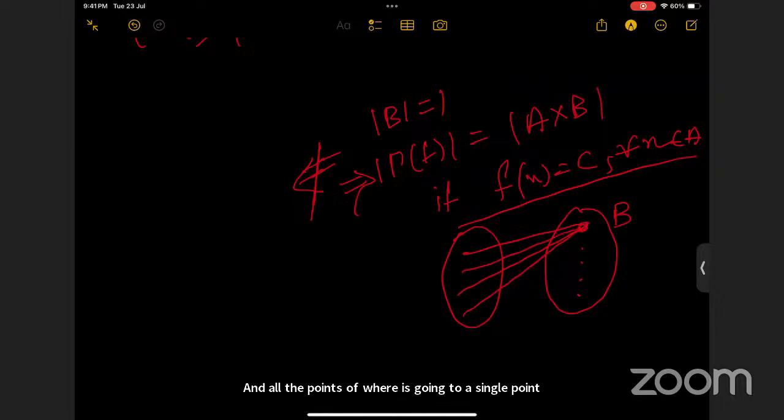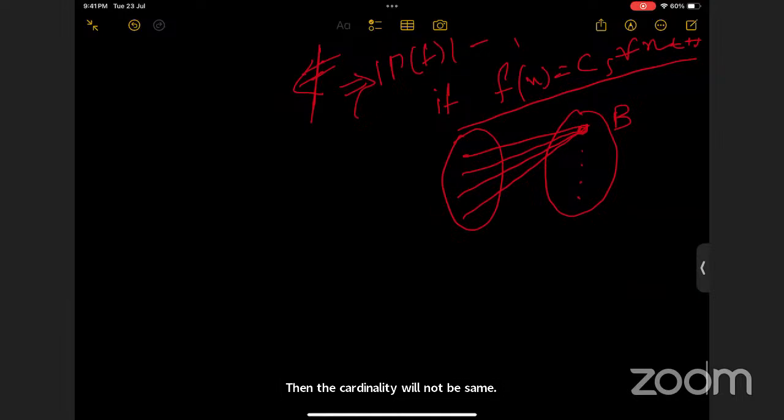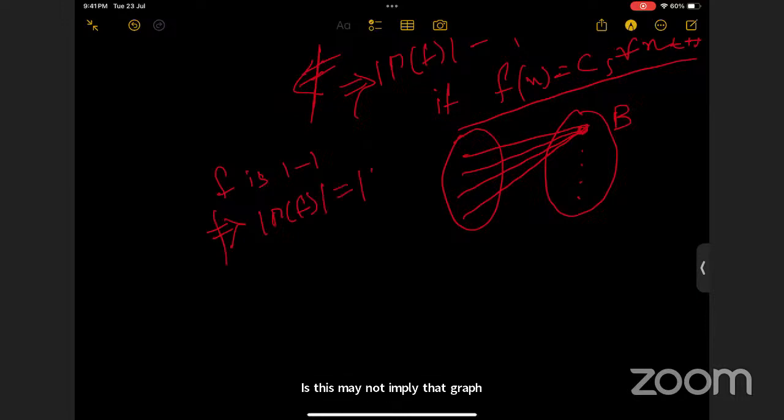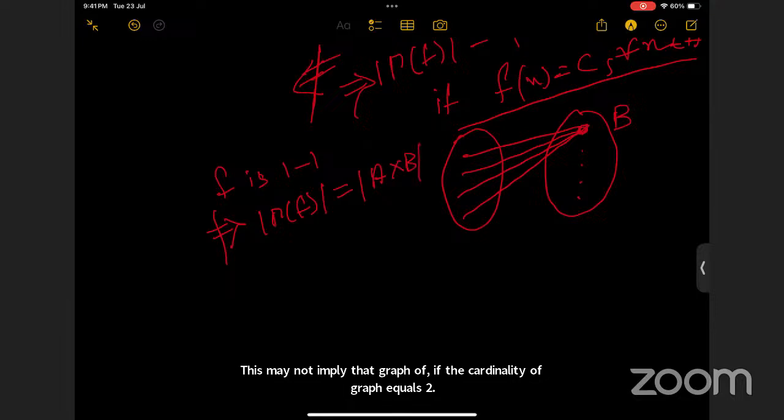Then the cardinality will not be the same. So if f is one-one, this may not imply that the cardinality of the graph of f equals the cardinality of A cross B.